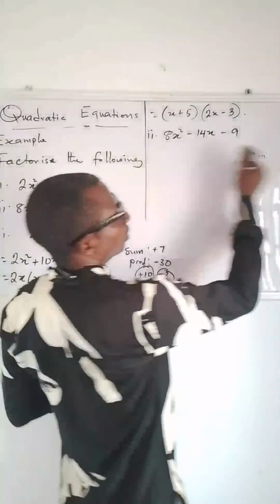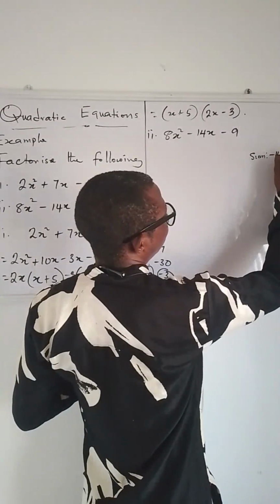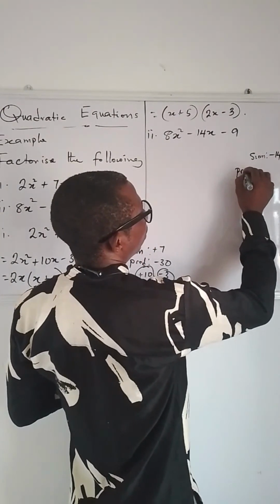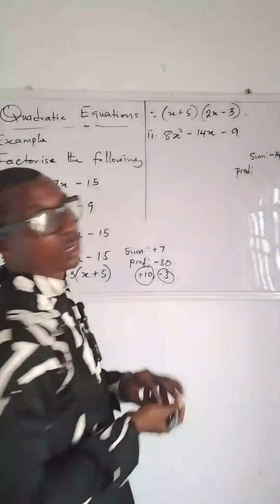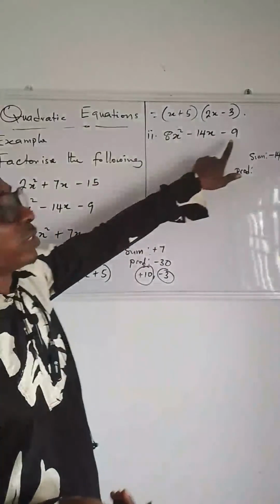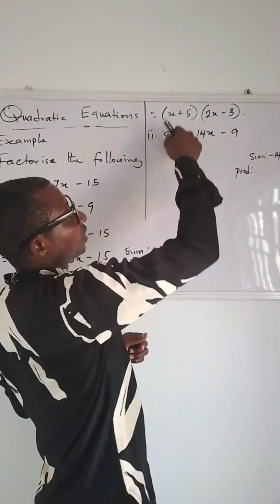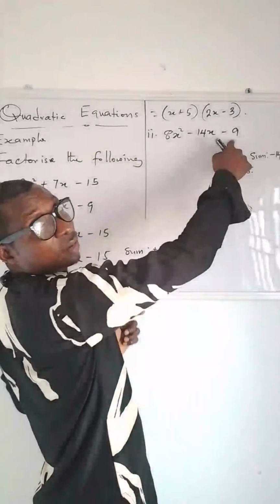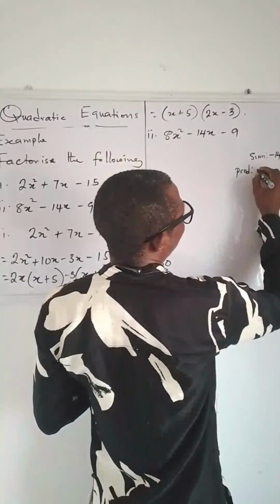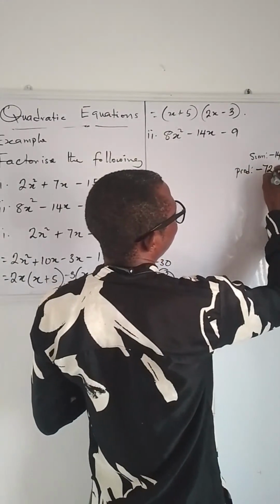Negative 14. Negative 14. And the product will be what? The product is going to be 8 times minus 9. Don't forget I said the coefficient here will multiply what we have here. So that's going to give you minus 72.